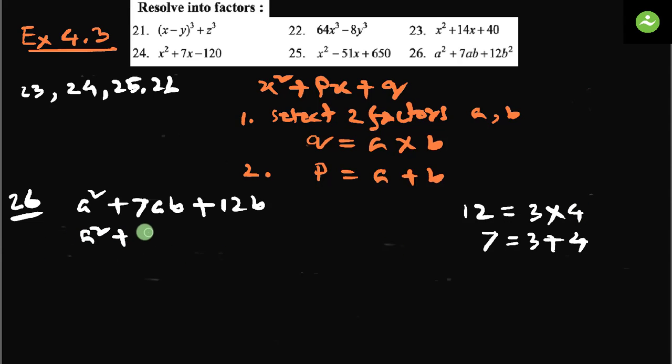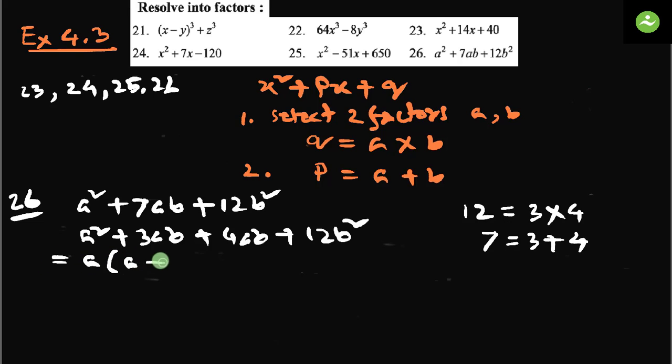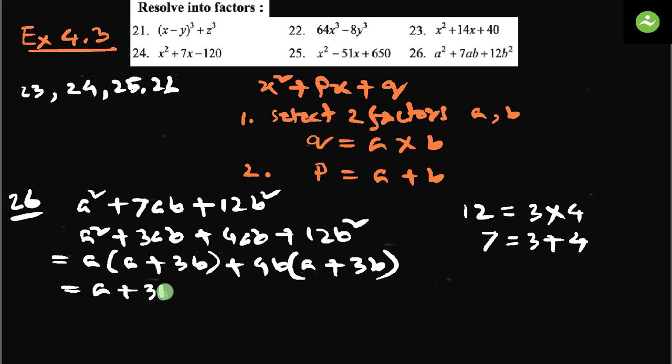So a square plus 3ab plus 4ab plus 12b square equals a into a plus 3b, plus 4b common, a plus 3b equals a plus 3b into a plus 4b.